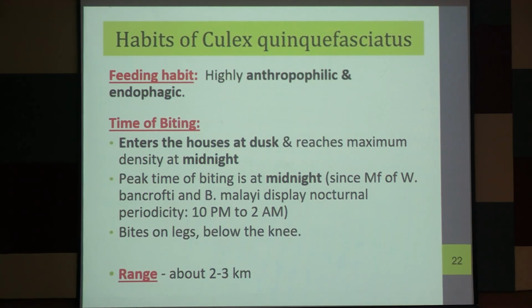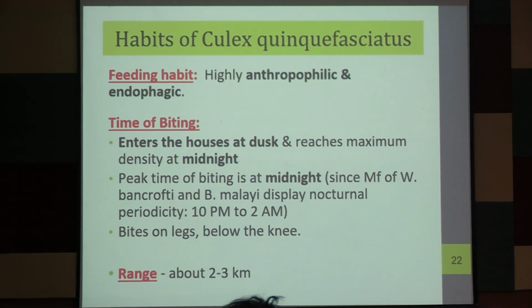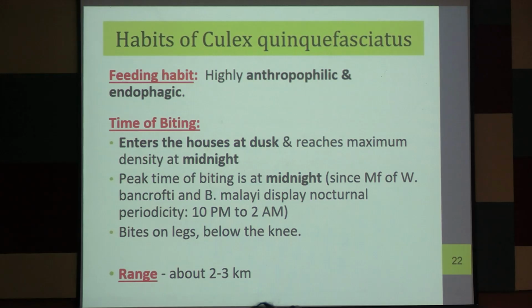Also, in your microbiology you have studied that to detect Wuchereria bancrofti or microfilaria we have to take the blood sample at night time. That is why detection is very difficult. As doctors we go at night to the patient's house and collect blood.